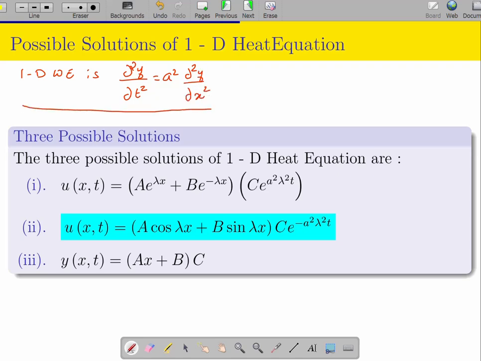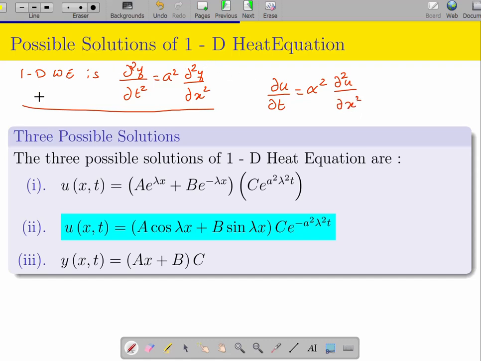Already we discussed that this is the one-dimensional wave equation. Similarly, the one-dimensional heat equation also has an equation, that is nothing but ∂u/∂t = α² ∂²u/∂x².